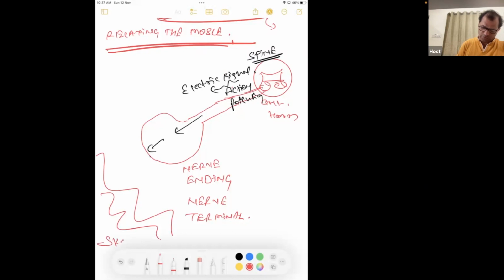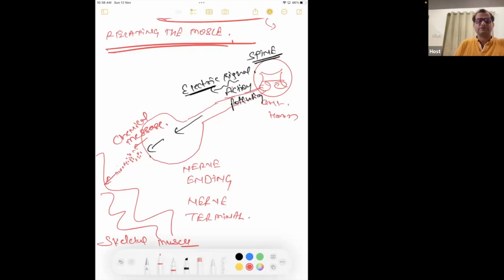We want to move the muscle. So as the nerve is ending, now this electric message will convert into a chemical message. Now this message will be forwarded as a chemical message and will stimulate this muscle.